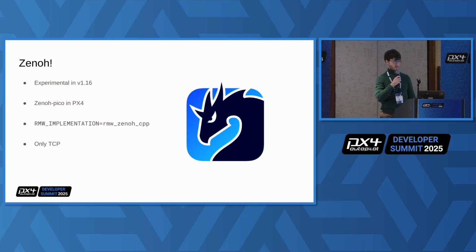But now in 1.17 alpha, it's fully supported and documented to work nicely with rmw_zenoh for ROS. Again, it's using Zenoh-Pico, which is basically the equivalent of Micro XRCE-DDS, but for Zenoh. And currently, it only supports TCP. So contributions are welcome, of course. Please try it out, reach out, tell us how it's going.